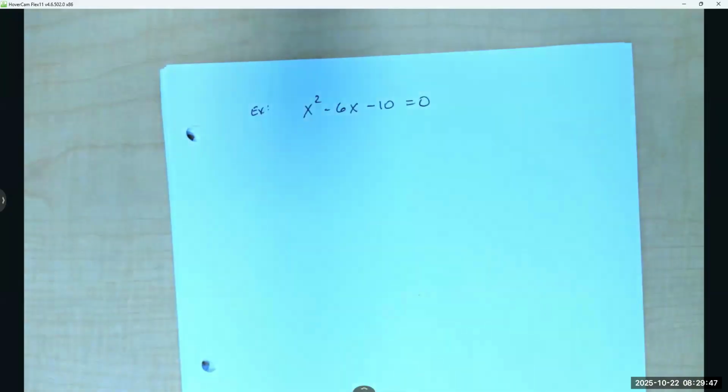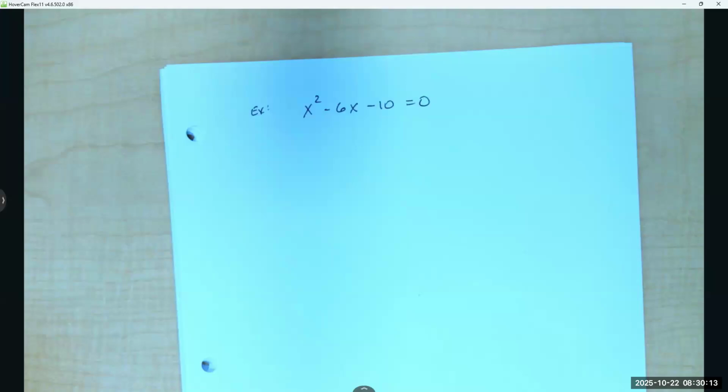Now, what are the directions of this question? What is it asking us to find, even if there's no words there? Is it a function or an equation? Why is it an equation? There's an equal sign, so it's an equation.